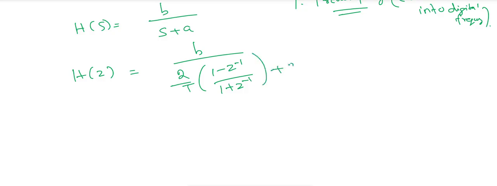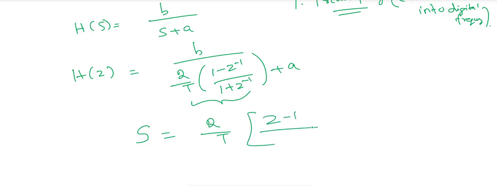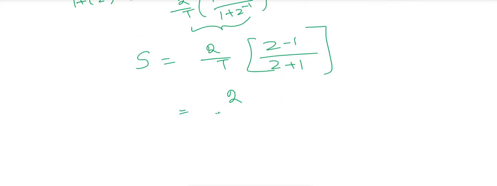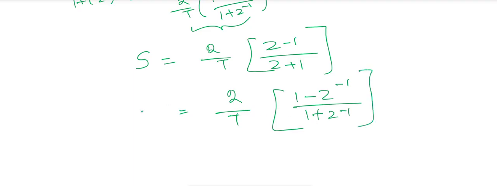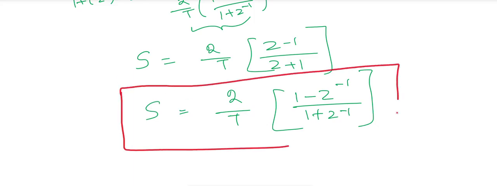So s is equal to 2 by T, z minus 1 by z plus 1 also. How you derive this, you can refer to the book.